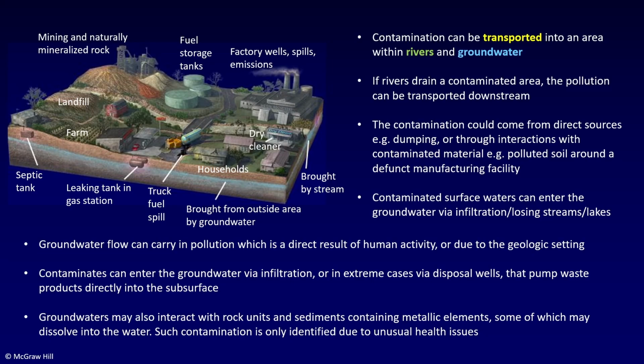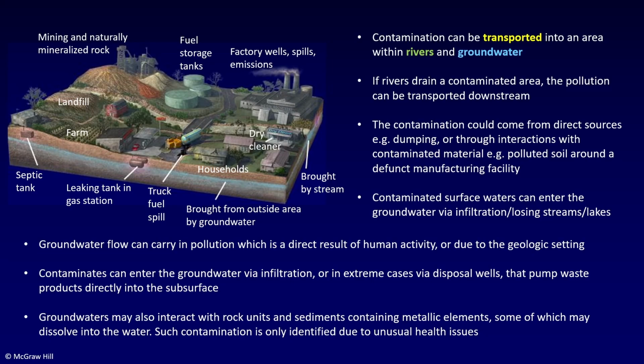So the contamination could come from direct sources. It could simply be people dumping chemicals straight into the river, or it could be through the interaction of water with contaminated material, like polluted soil around manufacturing facilities. So once you have contaminated your surface water, obviously the river will then transport it downstream, where it can become incorporated into other rivers or lakes.